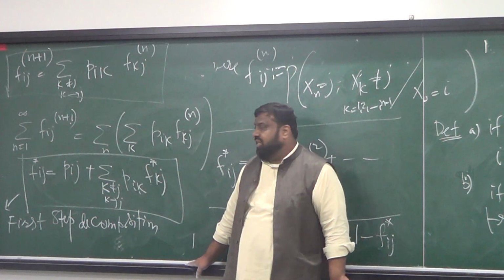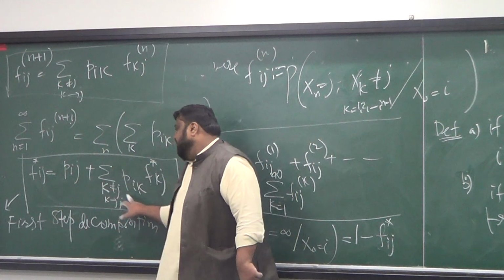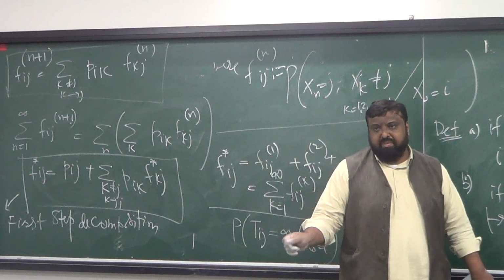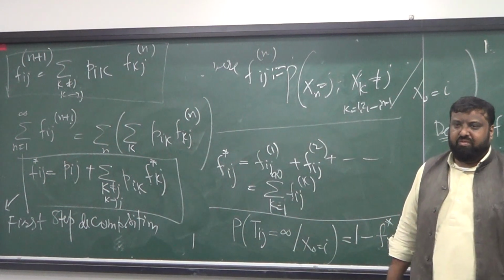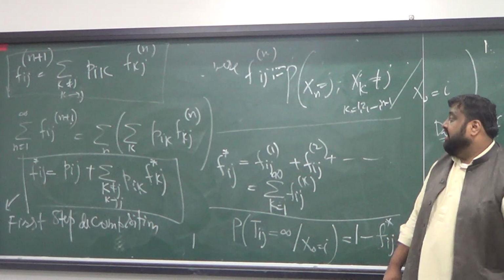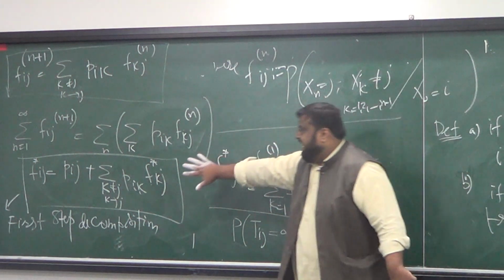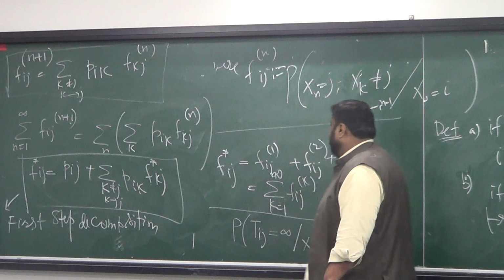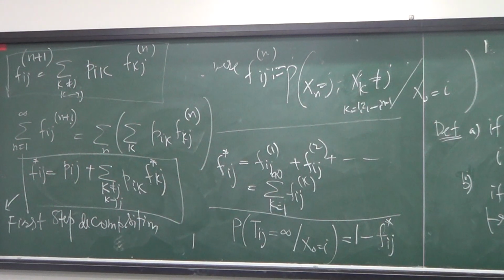The other information that you need is the transition probabilities, which you already know for a given Markov chain. And once you have these f ij stars, then you can compute f ii stars.